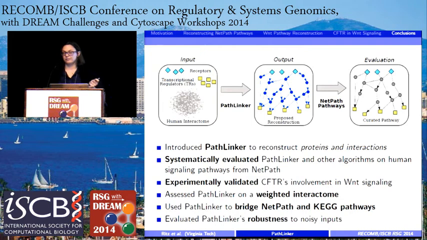We've assessed PathLinker on a weighted interactome, and we use PathLinker to bridge the differences between the NetPath and KEGG pathways. We also evaluated PathLinker's robustness to noisy inputs, both in the sense of missing or extra receptors and transcriptional regulators, and missing evidence in human interactomes.